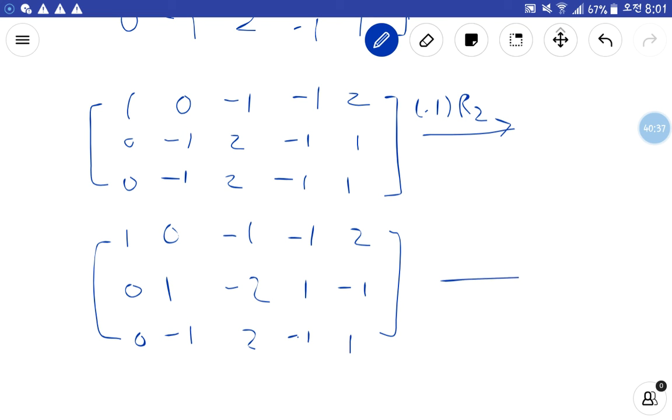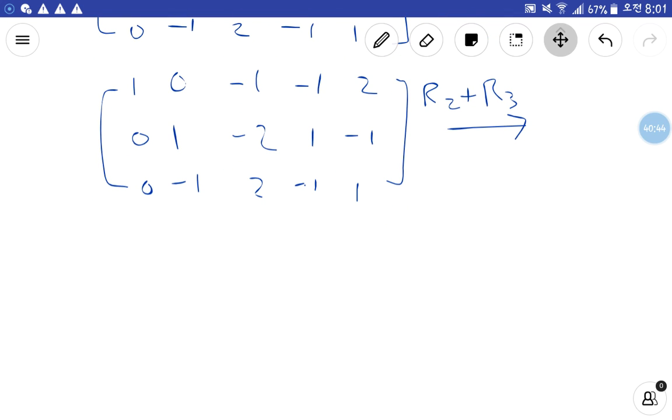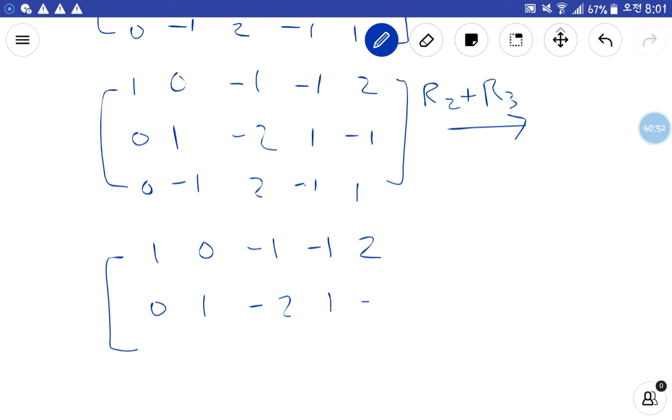Now what? Add the second to the third. Then you are going to have this: 1, 0, -1, -1, 2. 0, 1, -2, 1, -1. 0, 0, 0, 0, 0.